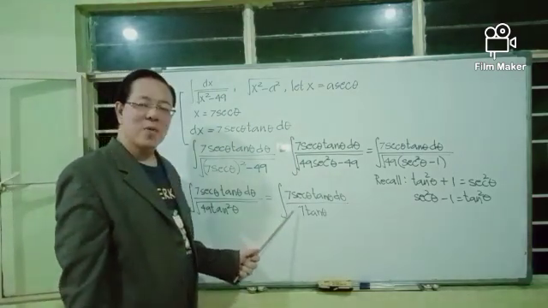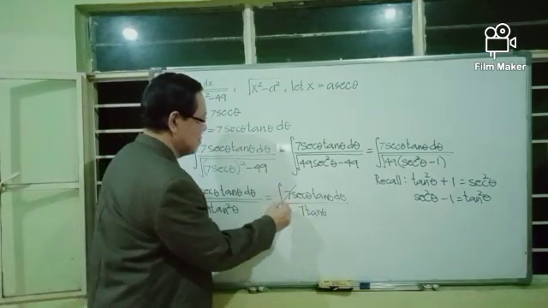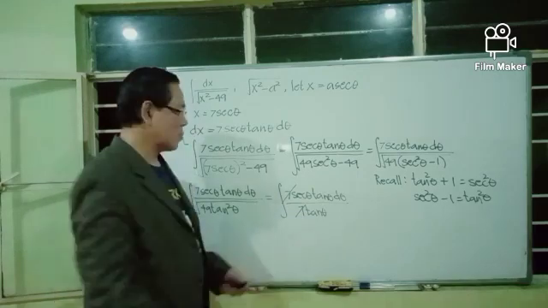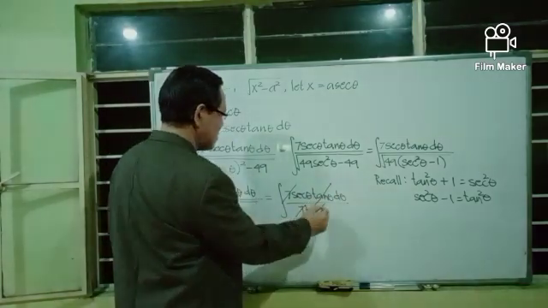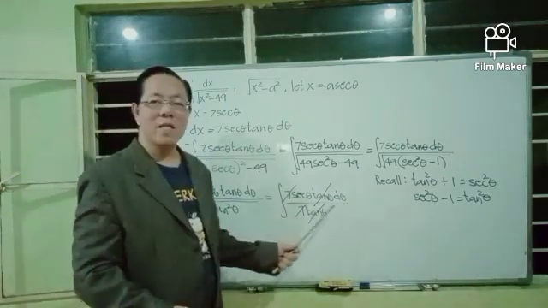And you can see that we can cancel out 7 over 7, which is 1. And we can cancel out tangent over tangent, which is 1. And we are left with the integral of secant theta d theta.